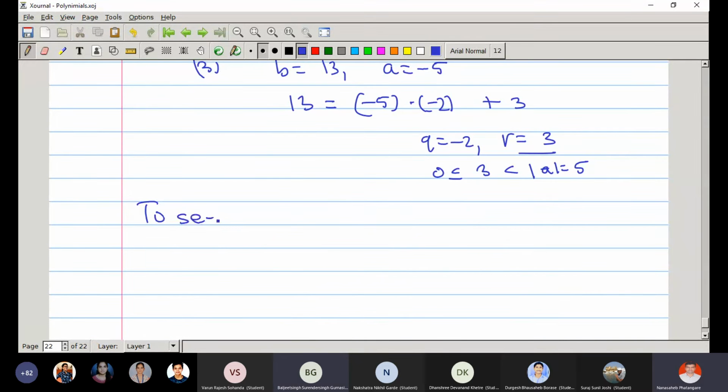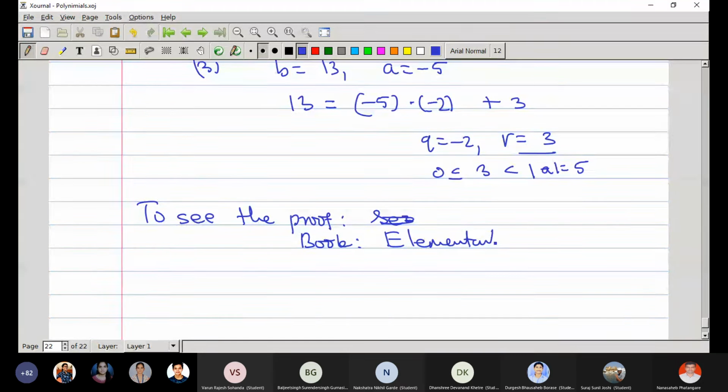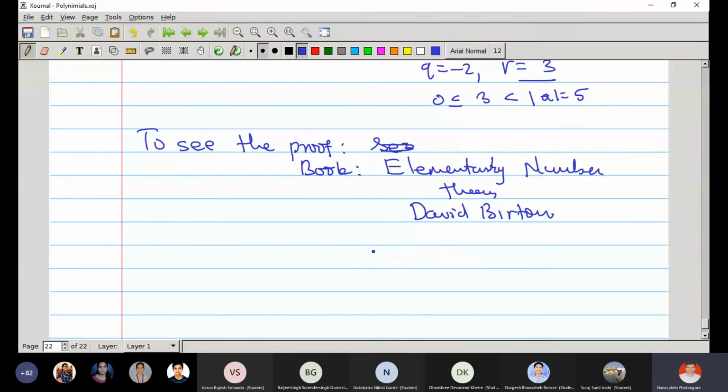To see the proof, see the book Elementary Number Theory by David Burton, or you may find Acharya sir's book on number theory, or any book containing the topic of integers.